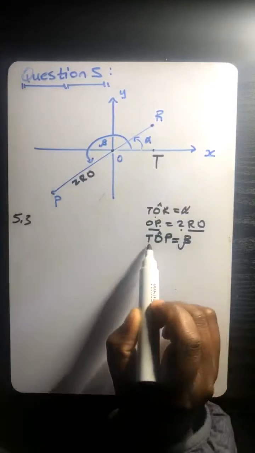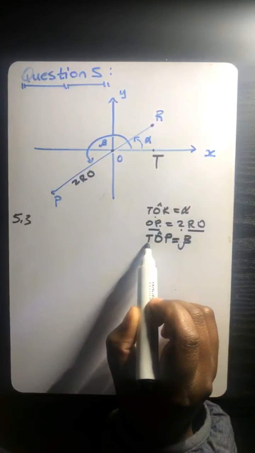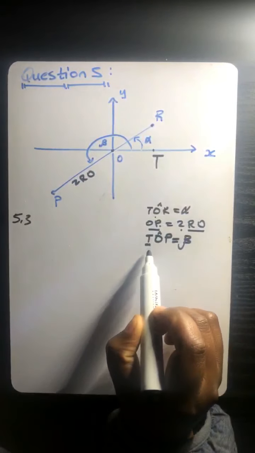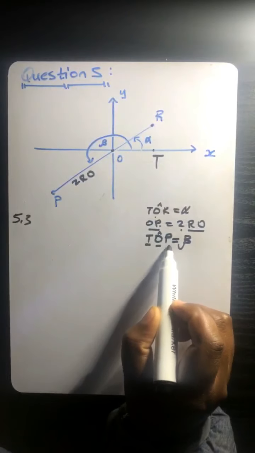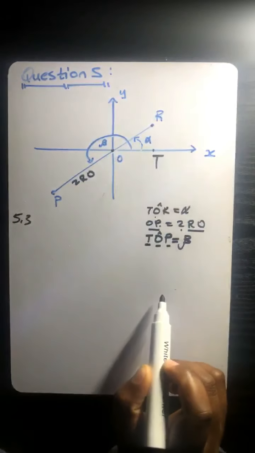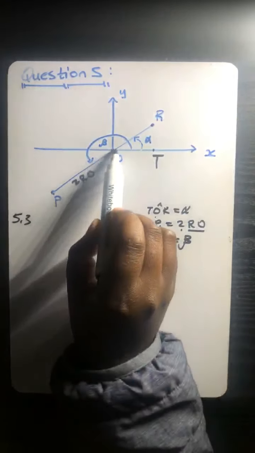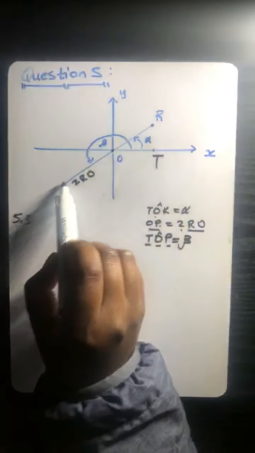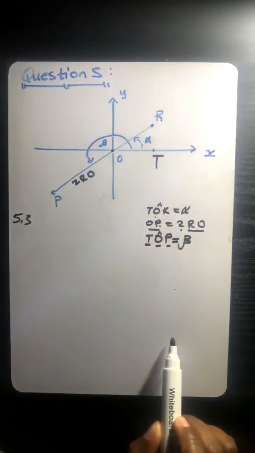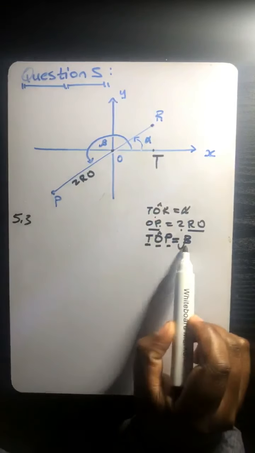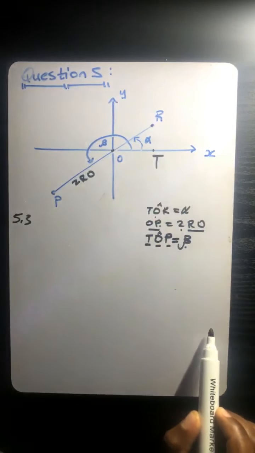It simply means in triangle TOP, the angle is beta.